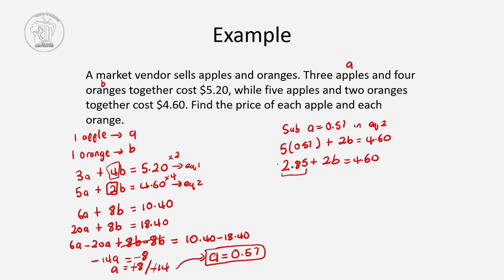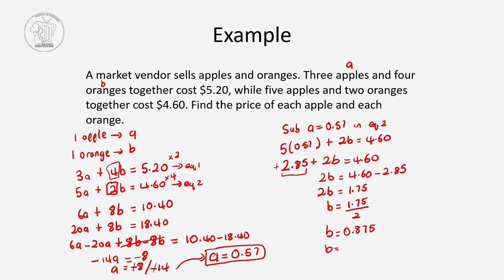So this here is adding. So we solve for B. When we take it over, we subtract. So we'll have 2B is equal to 4.60 subtract 2.85. So 2B is equal to 1.75. Hence B would be equal to, this 2 is multiplying the B, we take it over to divide, so 1.75 divided by 2. So B will be equal to 0.875.